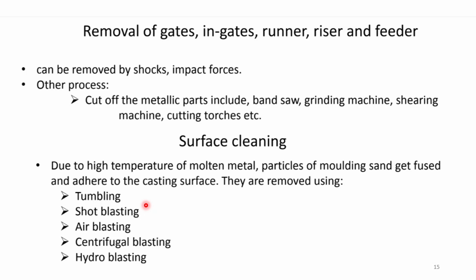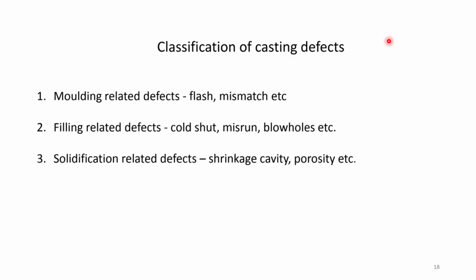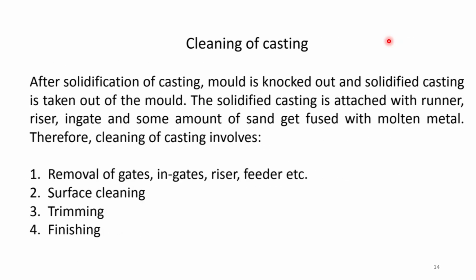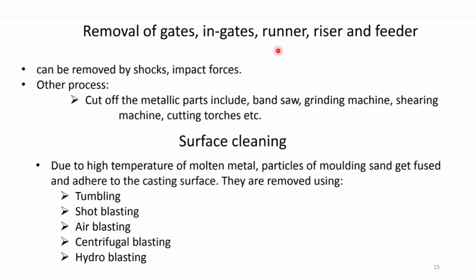The first step is removal of gates, ingates, risers, runners, and feeders. There is no diagram here, but in the previous lecture you saw the attachment of these risers and runners. Those need to be cut down and polished.